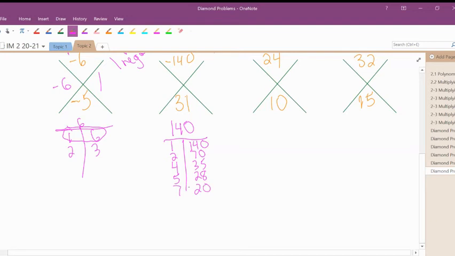We just keep going until the gap between them is the smallest it can be. Can we divide that by 8? No. 9? No. 10? So 10, 14. The numbers are getting pretty close. 140 divided by 11 ain't going to happen. 12?